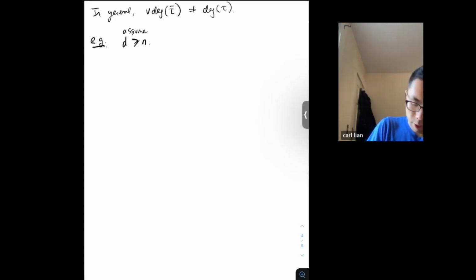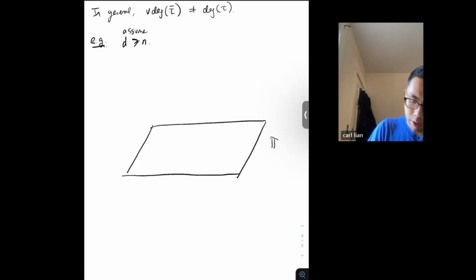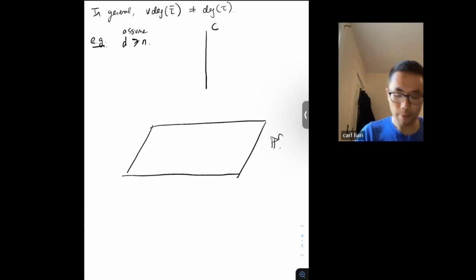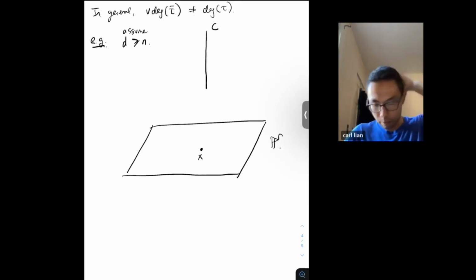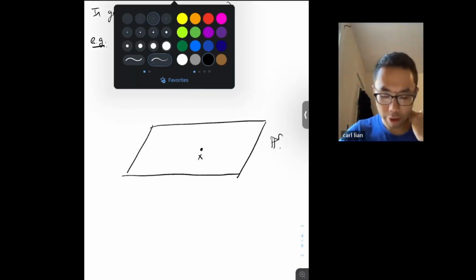I'll do this by picture. Here's P^r, and here's a curve C. My curve C is fixed and general in moduli, and I'm just going to map it to P^r by a constant map. That's the point x. And then this is a stable map, so I'm going to attach some rational tails.